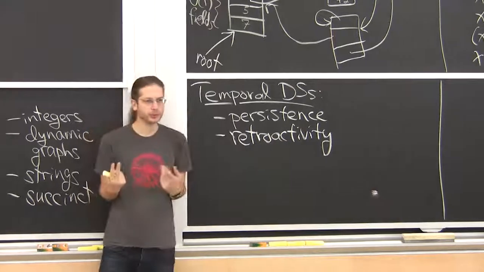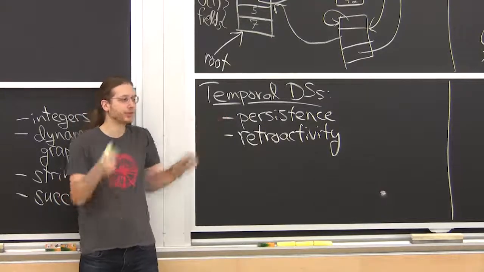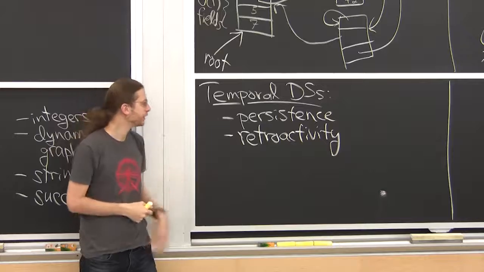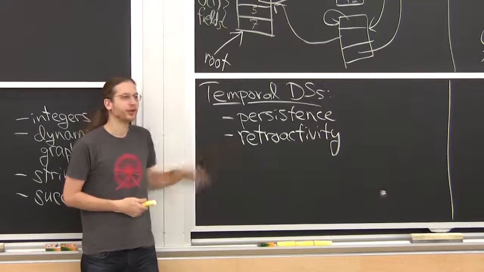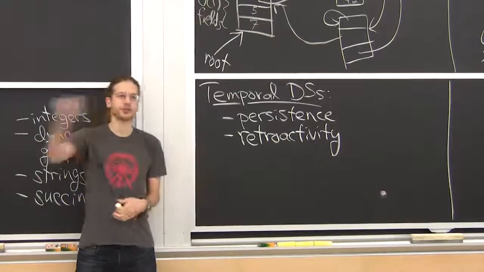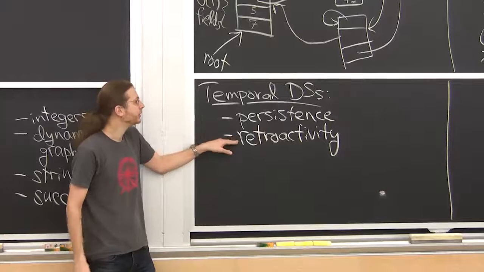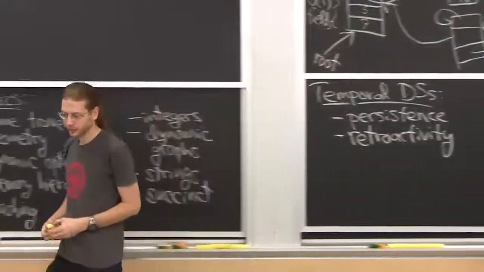Basically, these correspond to two models of time travel. Persistence is the branching universe time travel model, where if you make a change in the past, you get a new universe. You never destroy old universes. Retroactivity is more like Back to the Future, where you go back, make a change, and then you can return to the present and see what happened. This is a lot harder to do, and we'll work on that next class. Persistence is what we will do today.